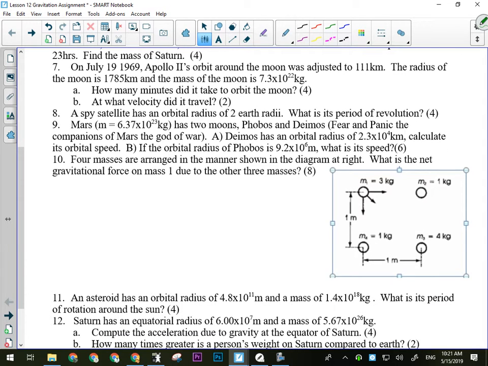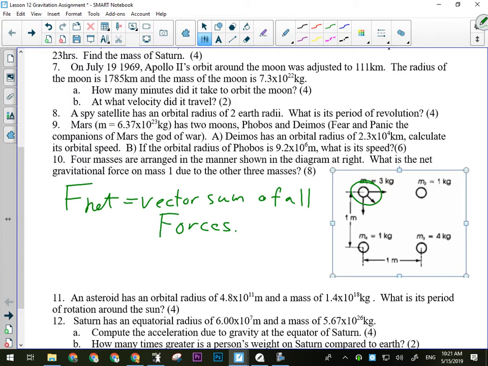Number 10 can give people trouble. Here's what I need to tell you about number 10. You're going to have to remember a little bit about this. You are trying to find the net gravitational force acting on mass 1. Mass 1 is being pulled in 3 different directions, and we want to find the net force acting on mass 1. So you may need to remember how to do this, especially this part.